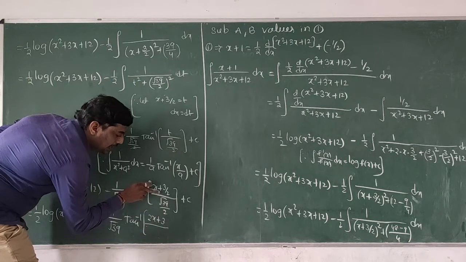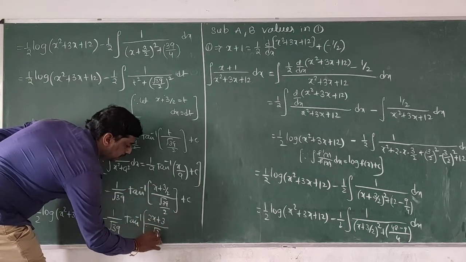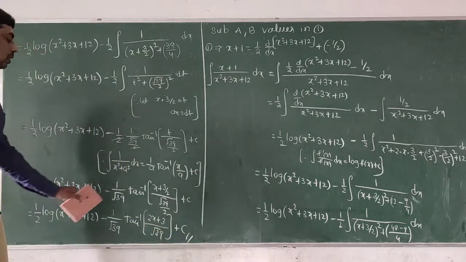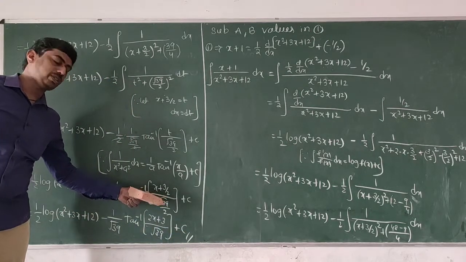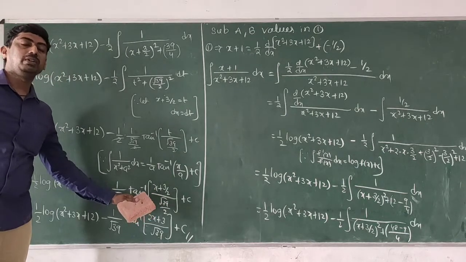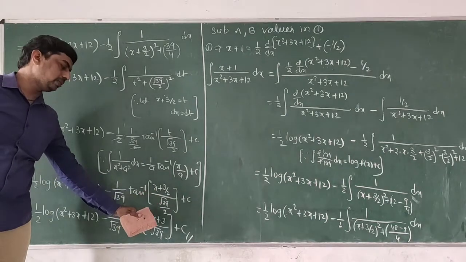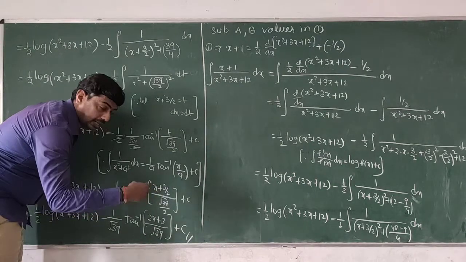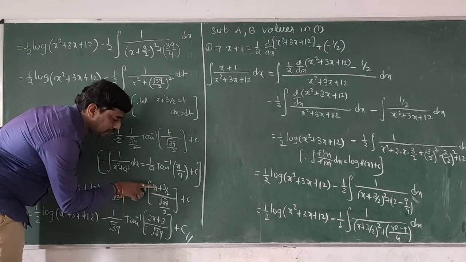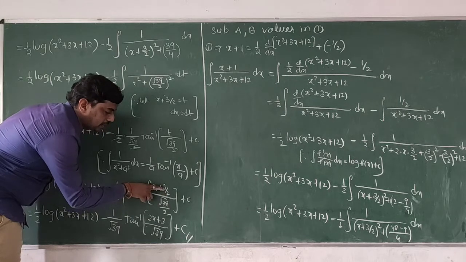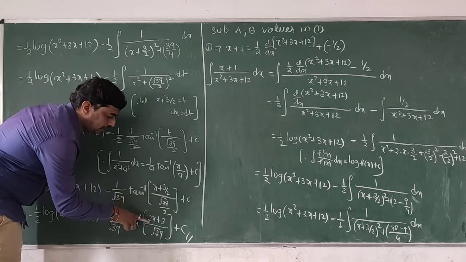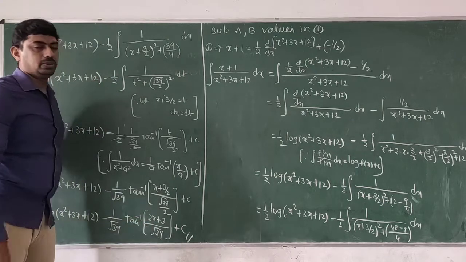These 2 LCM 2 cancel, remaining term 2x plus 3 by root 39. Okay. If you have any doubt in the simplification, write down the next steps also. If you understood perfectly, no need to write down that step, directly write down the solution. Here, listen again. LCM 2, 2x plus 3 by 2 whole by root 39. The 2 cancel, remaining value 2x plus 3 by root 39.